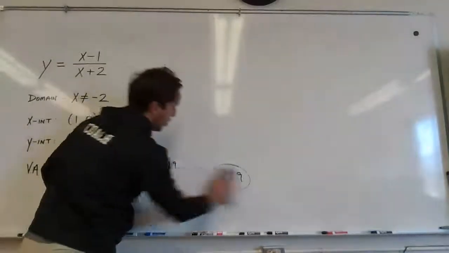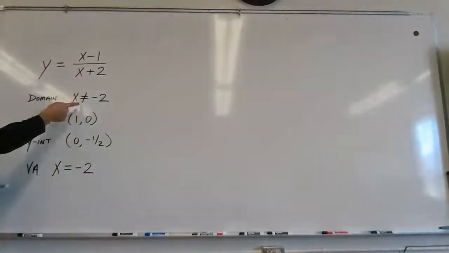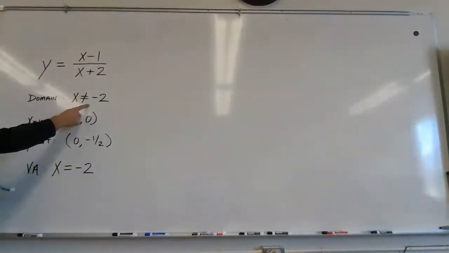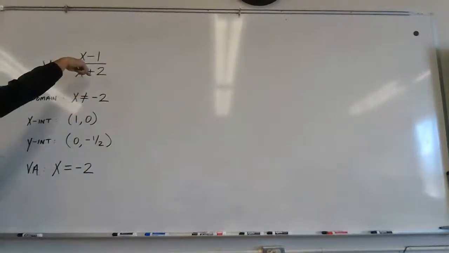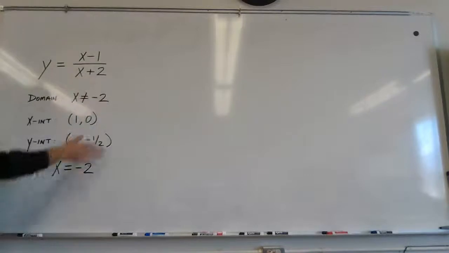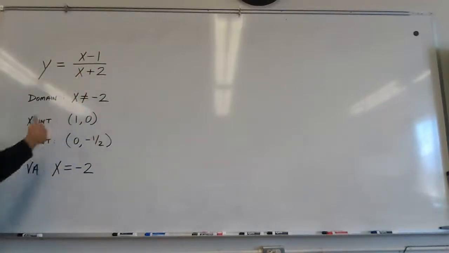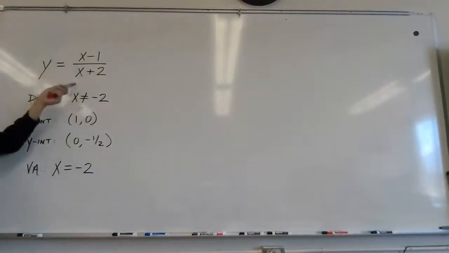Okay? Long story short, if you have a value that causes this to be basically a non-zero number divided by 0, so specifically here, if you plug in -2, you get -3 over 0, you'll have a vertical asymptote. In a few days, we'll go over this peculiar case where if there's a number that actually makes it 0 over 0, you get even weirder behavior.